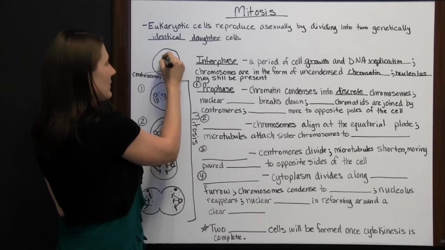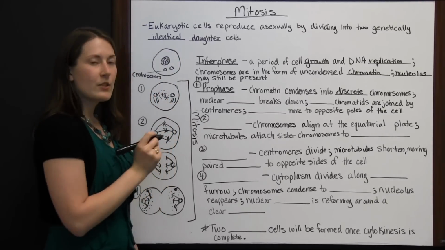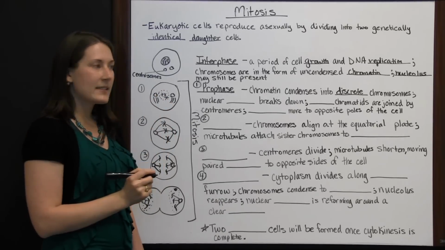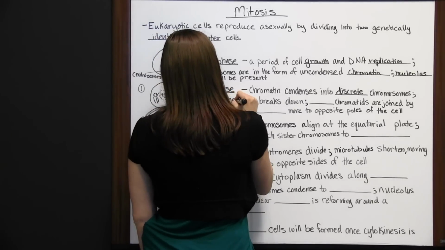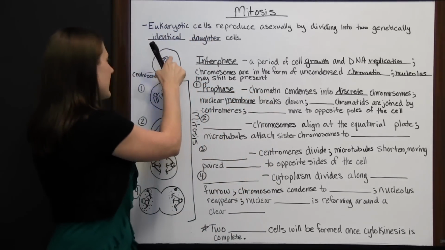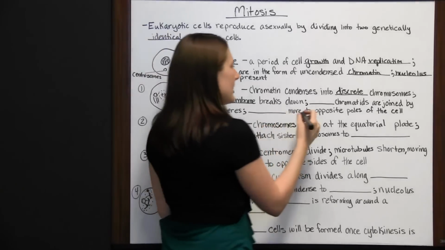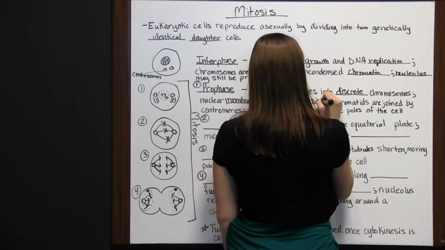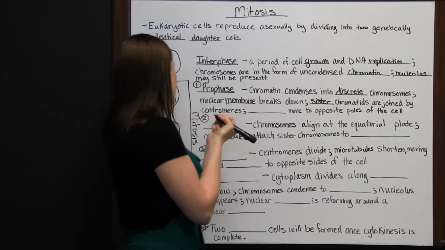So instead of a bunch of DNA squiggled up, you've got discrete chromosomes that kind of look like little squiggly X's. The nuclear membrane breaks down. So where we had a complete nuclear membrane here, it starts to break down a little bit. And sister chromatids are joined by centromeres.